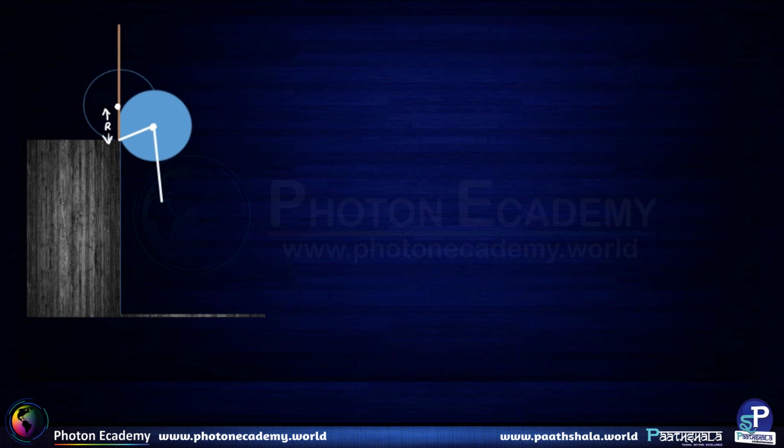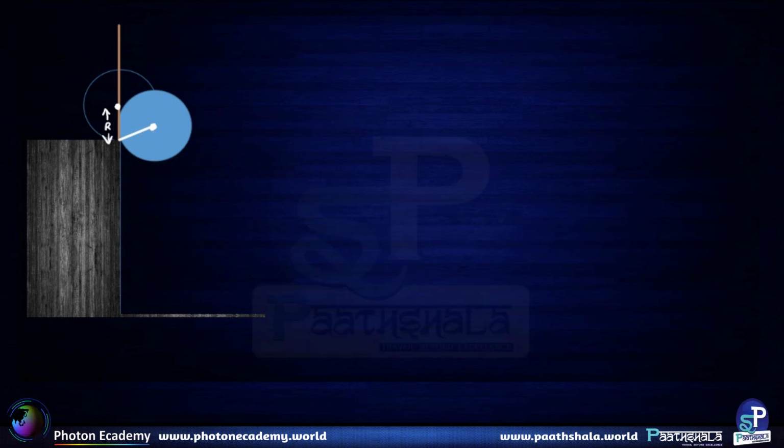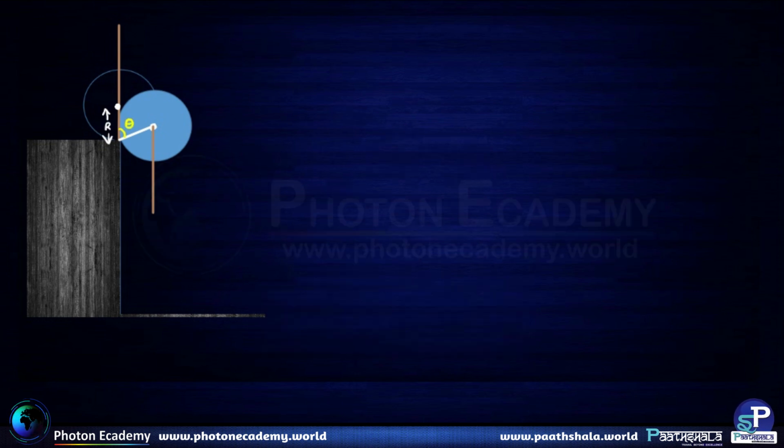The force of gravity is in the downward direction as usual along this axis, along the y-axis, and let us say if this angle is the angle theta via which it has rotated, then this angle also happens to be theta.